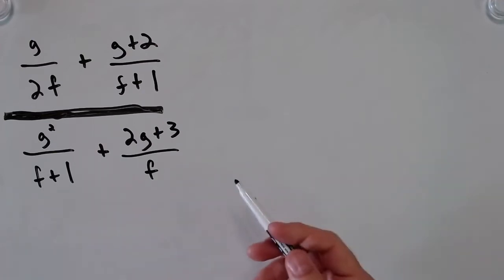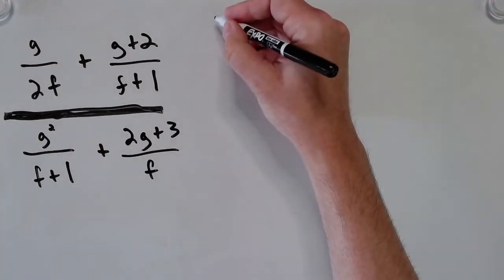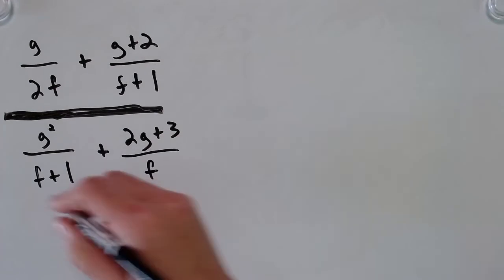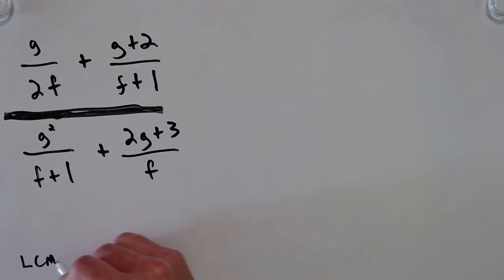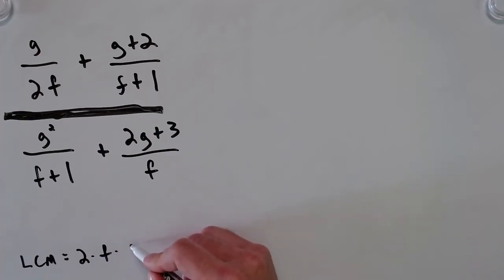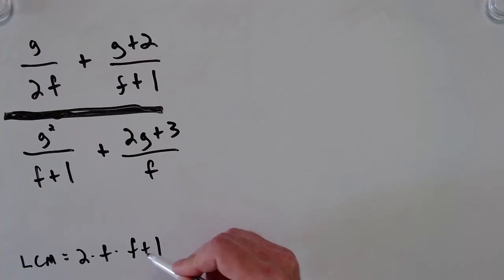I'm going to say the least common multiple is going to be 2 times f times f plus 1.